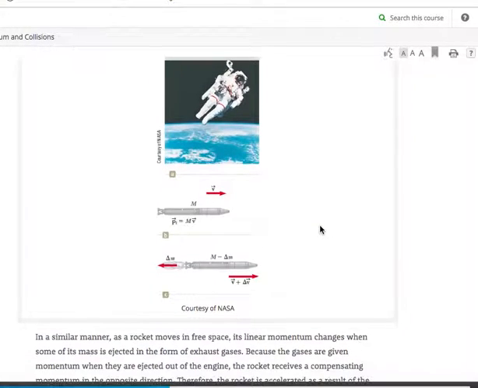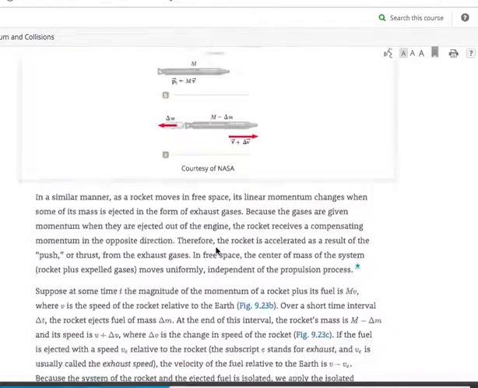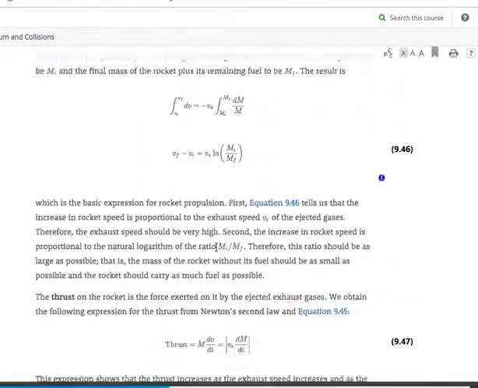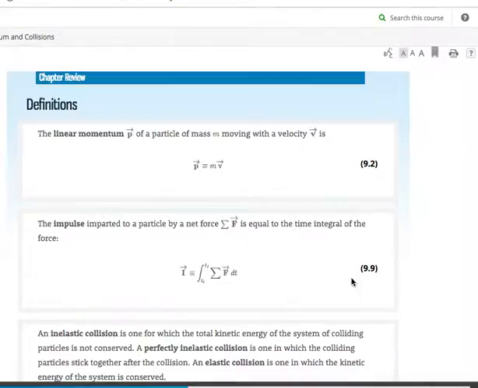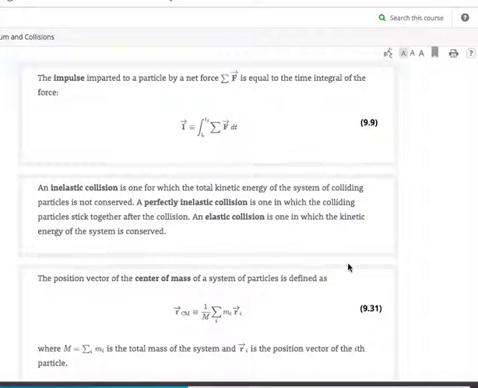Rockets work because the explosion propels this piece here, which propels this piece forward. It's just an explosion. It's conservation of momentum. And I think that's all for that.